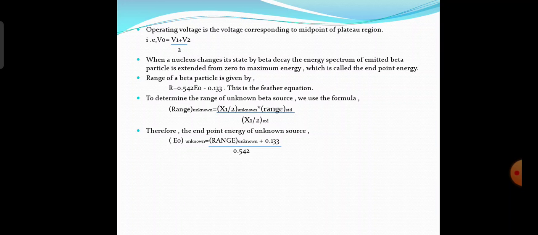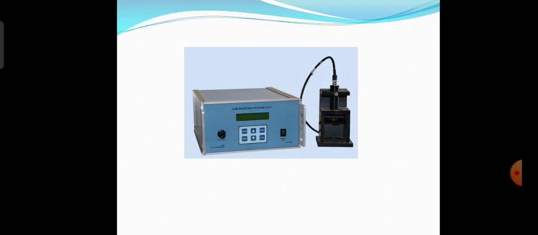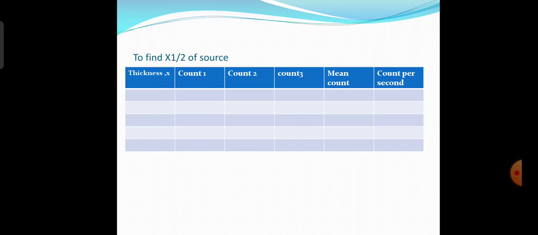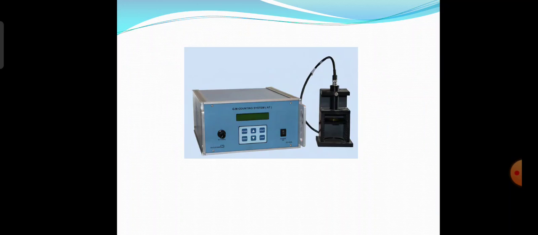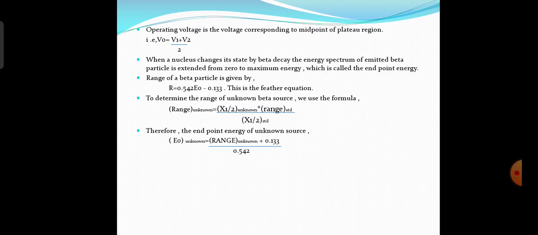For that, repeat the same procedure by placing the unknown beta source in the place of the known beta source, and the same measurement readings are taken: count 1, count 2, count 3, and the mean count is determined. And as earlier, the graph is plotted between thickness and count per second, and then the half value thickness of the unknown source is determined, and using the equation the range of the unknown is determined. And finally, the endpoint energy of the unknown source E0 is determined.